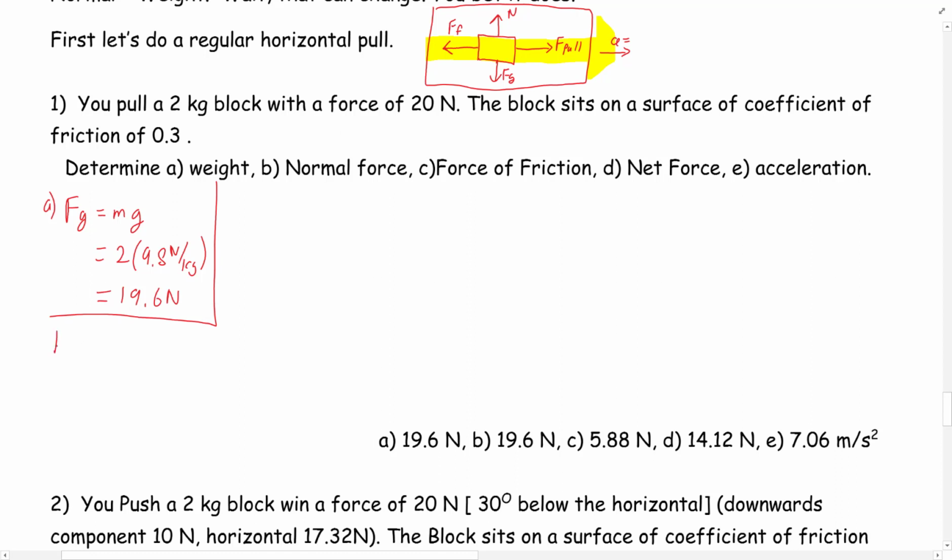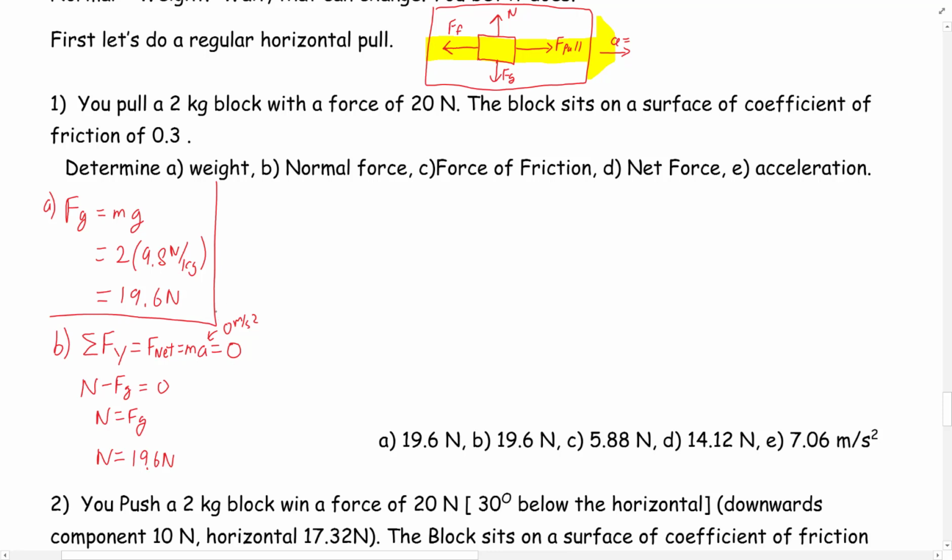So B, we could go all wild here and say that the sum of the forces in the y direction has to equal F net, which equals ma, which has to equal 0, because a is 0. And if that's the case, then normal minus the force of gravity has to equal 0. So that means the normal has to equal the force of gravity. So the normal is going to equal 19.6 newtons.